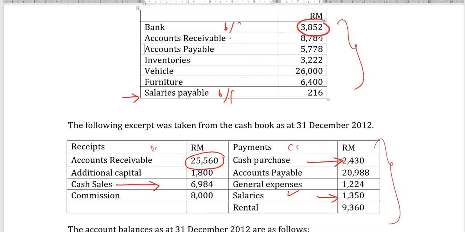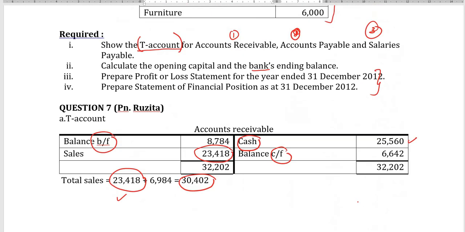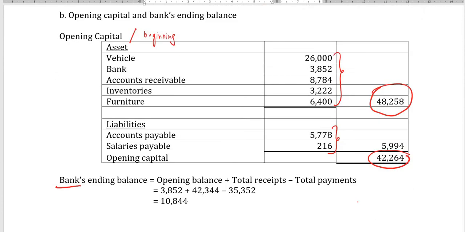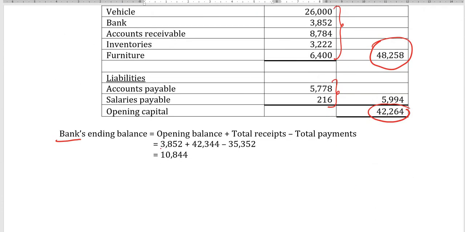This is balance BF, and here is all the receipts. You need to accumulate semua ni, campur, and then kita akan minus dengan payments. Okay, so kita akan dapat baki bank. Right, so baki bank is the opening balance plus receipt minus payments. So baki CF balance, CF for bank account is 10,844.